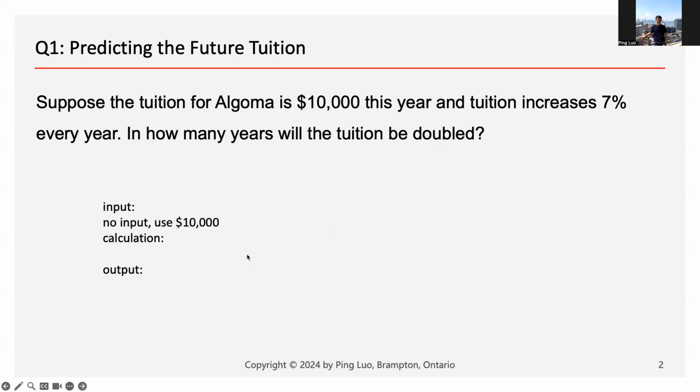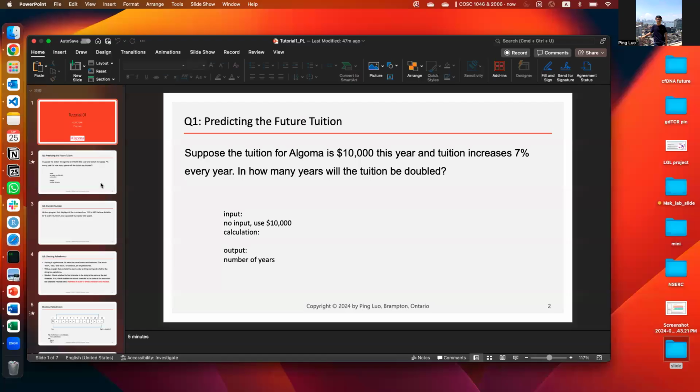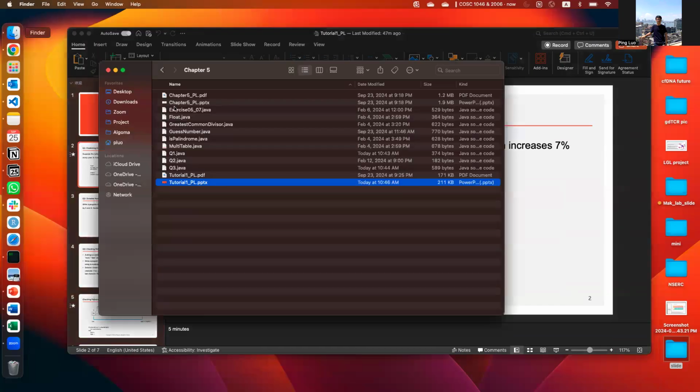We figure out what the input is this time. We don't need an input, but the tuition starts from 10,000 at first. The output is the number of years. And the calculation is just a loop to determine what the tuition is after each year. So let's see how it can be done.